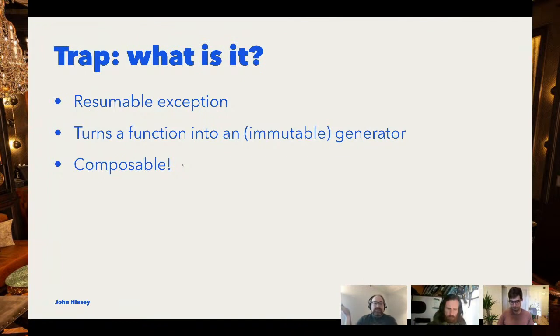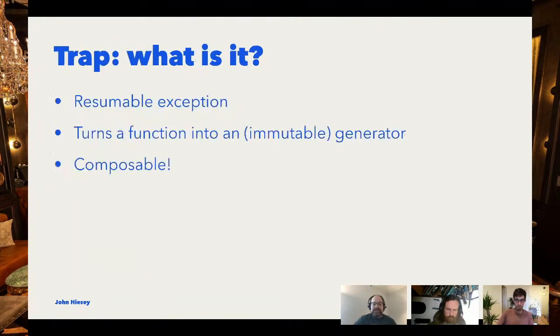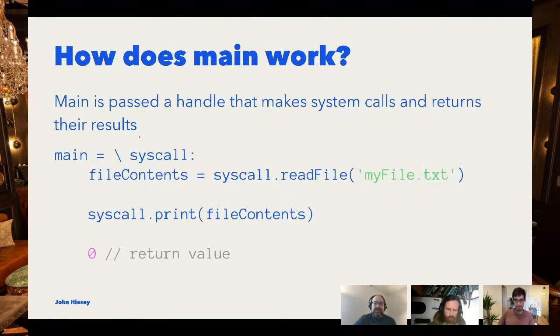So, for example, you could have one that does logging, and then you can have another one that provides some other function in your program, like interacting with the outside world. And they don't interfere with each other, which is really tricky. But I don't want to get into the details.